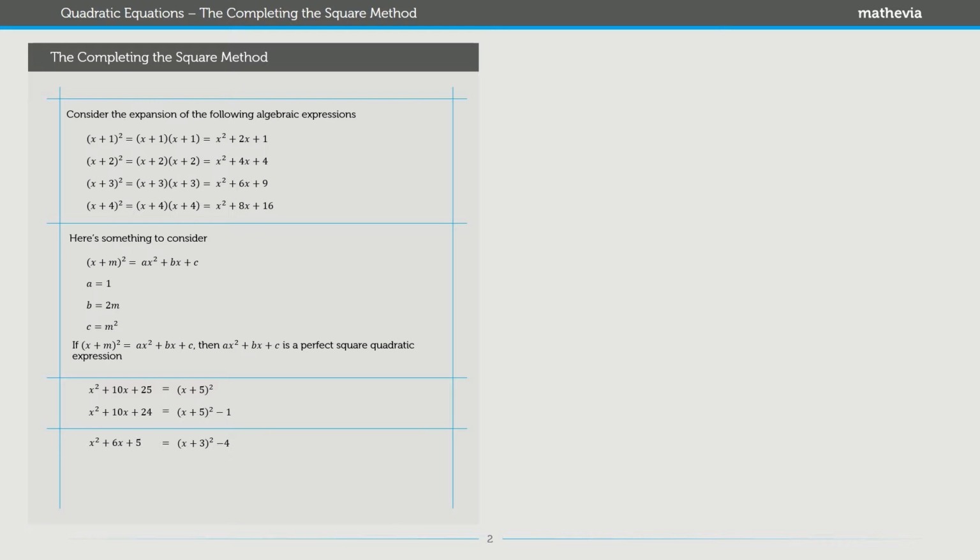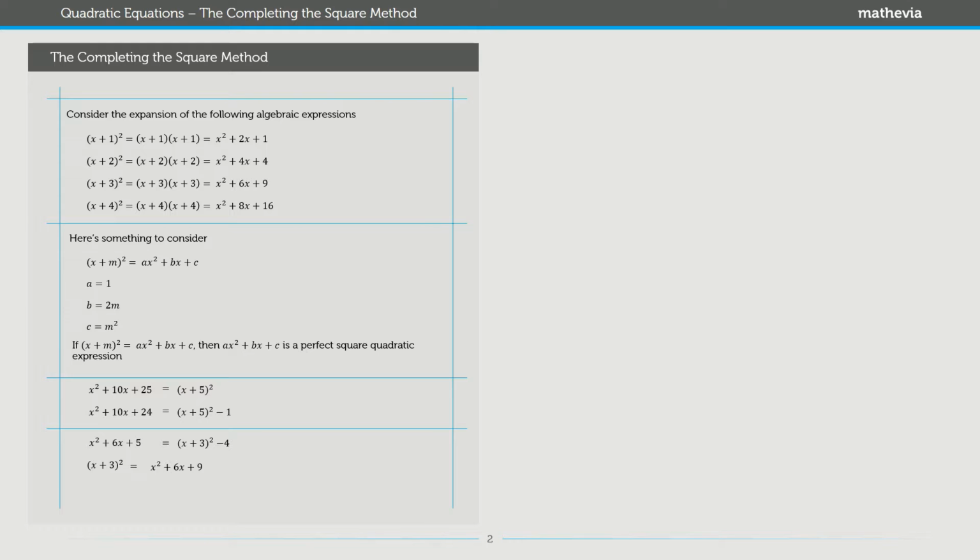Because when you have x plus 3 all squared, it will give you x squared plus 6x plus 9. So x squared plus 6x plus 5 relates to this perfect square expression as x plus 3 all squared minus 4. And this is the idea we apply to solving quadratic equations using the completing the square method.